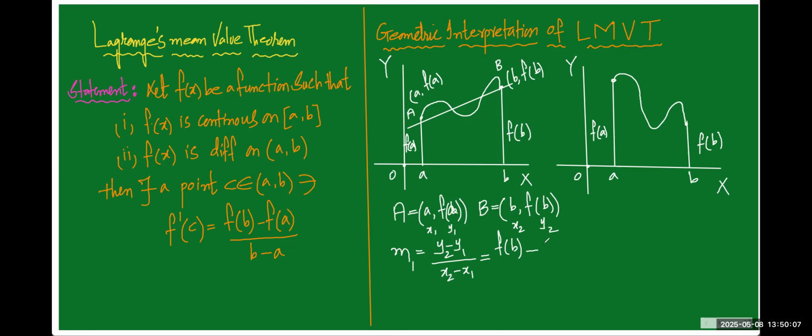F of b minus f of a by b minus a. This is the slope of these 2 points A and B. And already we know that by Rolle's theorem, there exists a point between A and B.